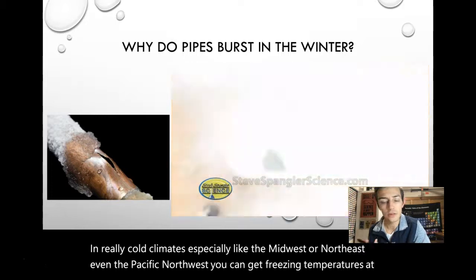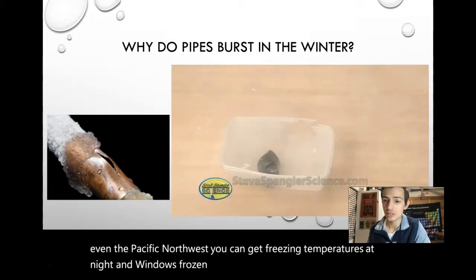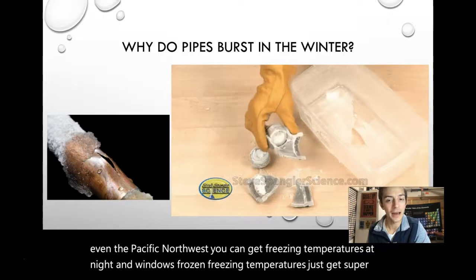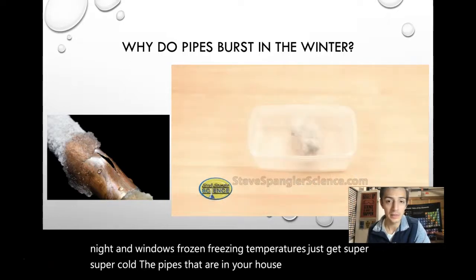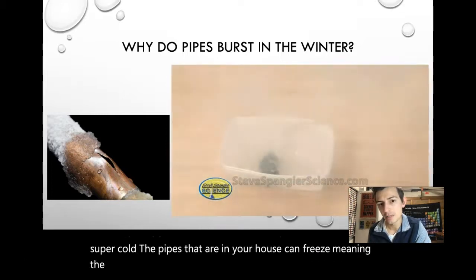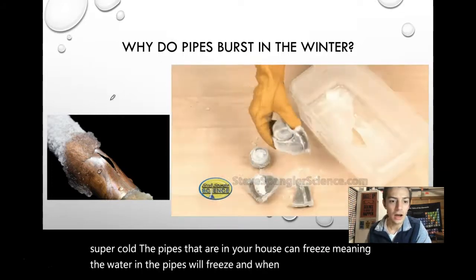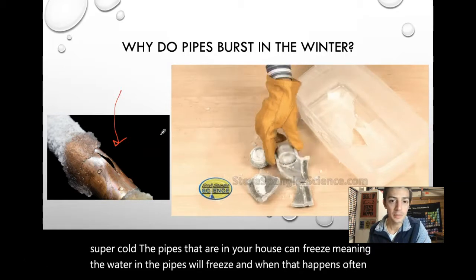And when those freezing temperatures get super, super cold, the pipes in your house can freeze, meaning the water in the pipes will freeze. And when that happens, often people will experience a burst pipe.